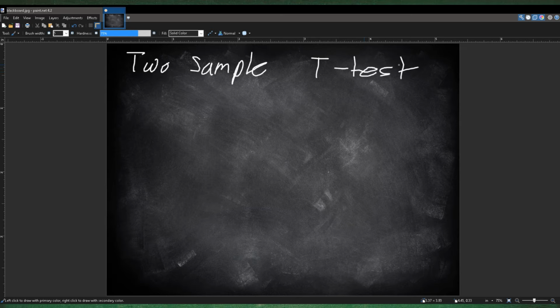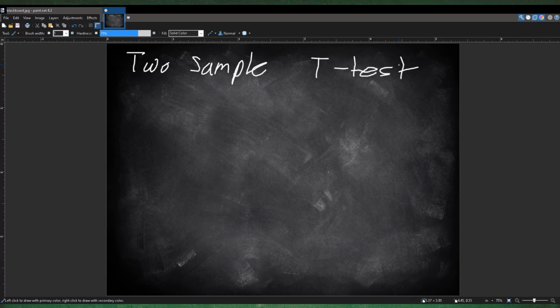The difference between a two sample t-test and a one sample and a paired t-test is that a two sample you get from two samples. A one sample you get from one sample, and a paired t is basically one sample, but you get multiple numbers from it.